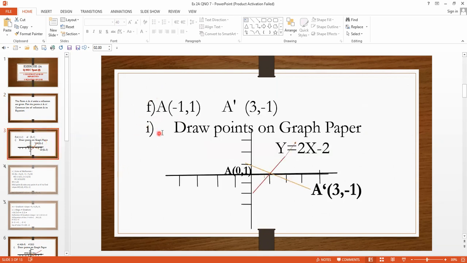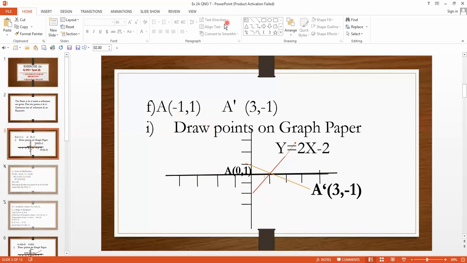In part F, the values of A are given. The first value indicates the value of x and the second value indicates the value of y. Clear? Similarly, these two points are given, A and A prime, and the first step is to draw these two points on a Cartesian plane.